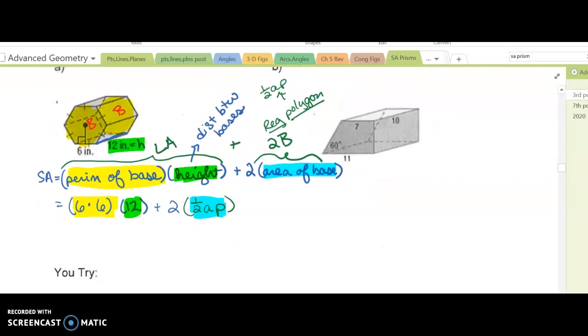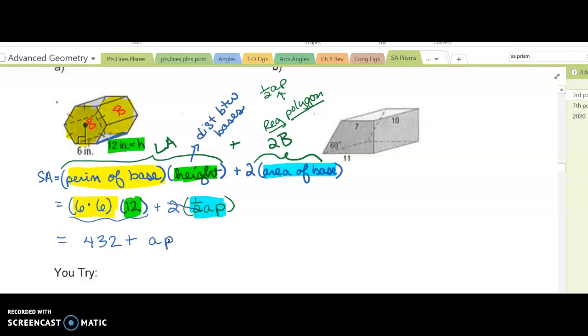All right, so now, let's see, I'm going to go ahead and multiply this out. The 6 times the 6 times the 12 is 432. Plus, some other math magic I can work here is that this 2 and this 1/2 are going to cancel out. So I really just have apothem times perimeter.